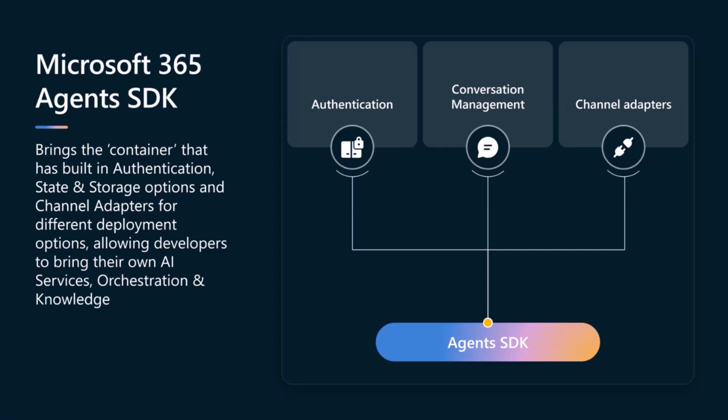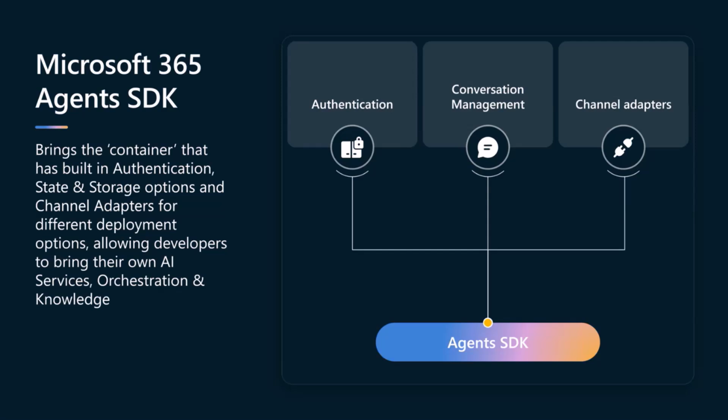Once you've chosen your ingredients, your AI, your orchestrator, and your model, you go ahead and wrap that up in what we provide in the SDK, which is a lot of conversation management initially. So you've got state or memory, you've got storage options, auth. We've worked really hard on auth, especially around 1P auth with Microsoft clients like Copilot and Teams.